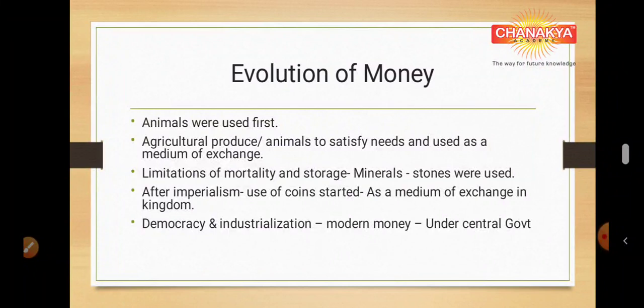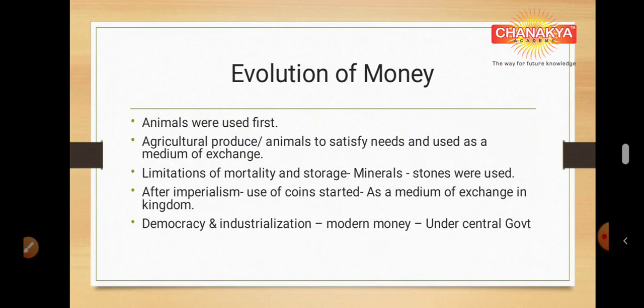Thereafter we got independence, the entire world became free, and this gave birth to democracy and industrialization in the country.